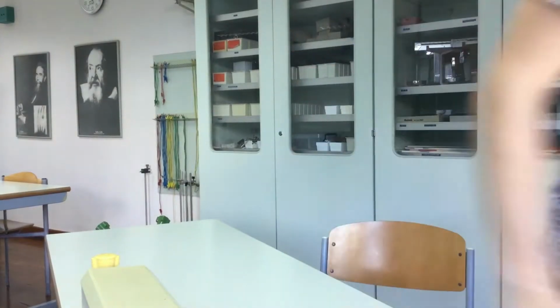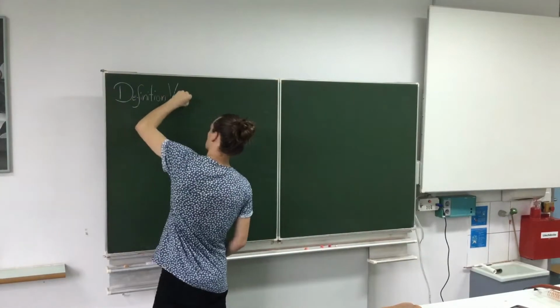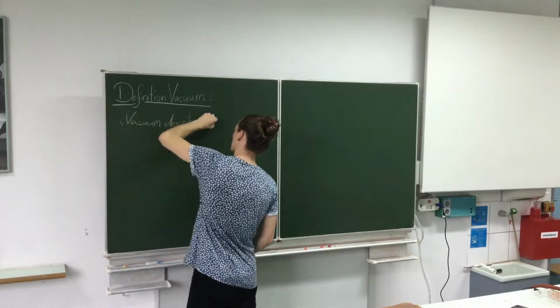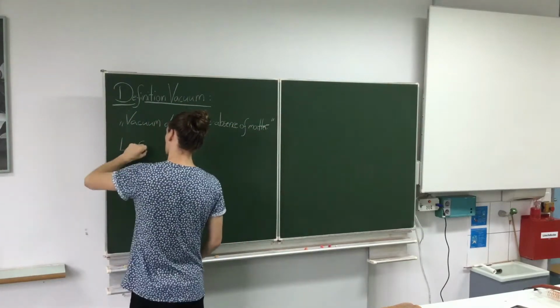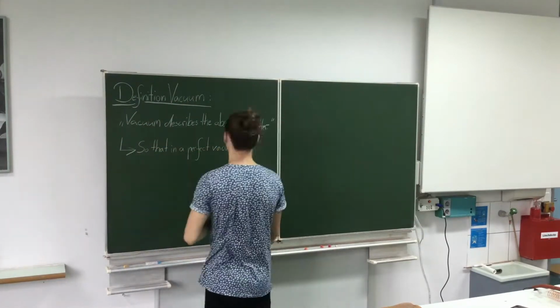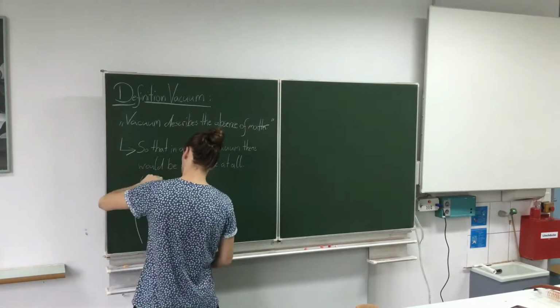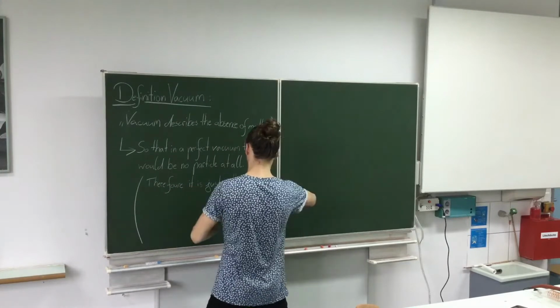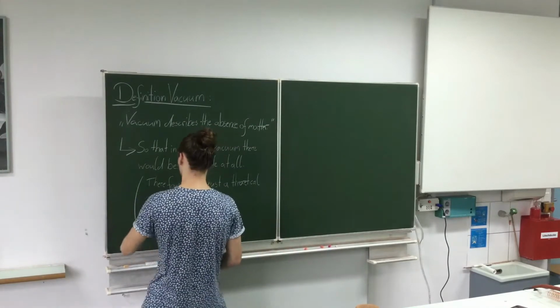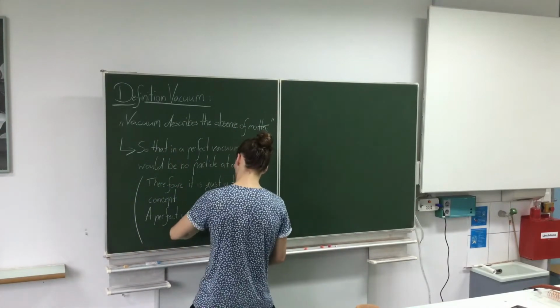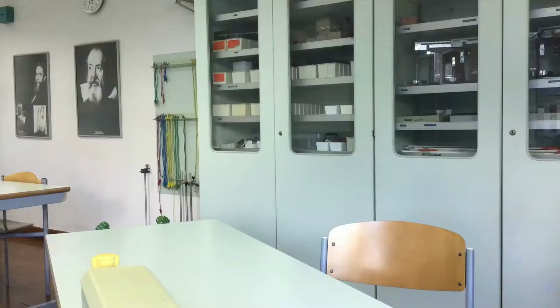The definition of a vacuum is quite simple. It just says that a vacuum describes the absence of matter. So in a perfect vacuum, there wouldn't be any particle of any kind at all. Therefore, it is just a theoretical concept which doesn't occur anywhere. And that means nothing else than there's just nothing.